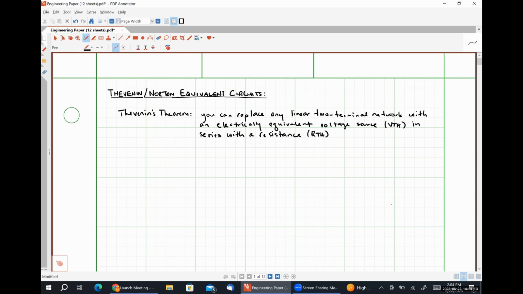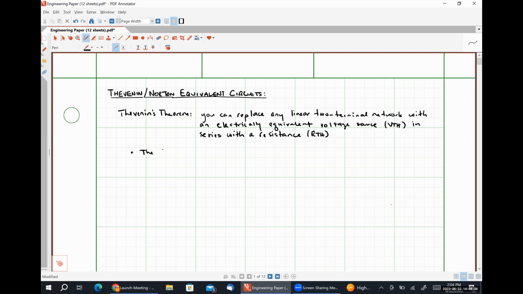Thevenin's theorem allows us to find that resistance and find that voltage in a different way, as long as they are two-terminal networks. Okay? So the first thing that we're going to talk about is how to find the Thevenin voltage. Okay?